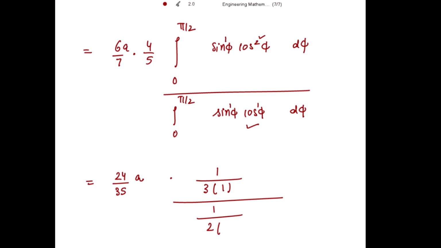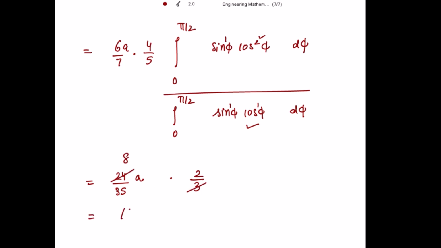So there is no even number, 2 minus 2 is 0, so we don't have to subtract anything over here. So just only 2 is there, and this is 1 by 3 divided by 1 by 2, that is 2 by 3. So this is 2 divided by 3. So that gives, so 3 is cancelled out with this, here we get 8. So this is 16a divided by 35, the value for x bar.